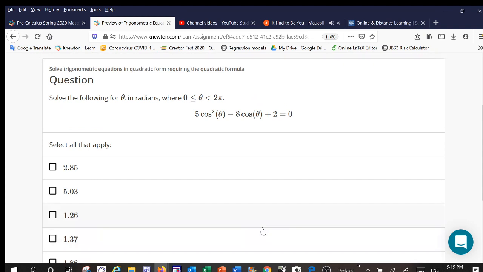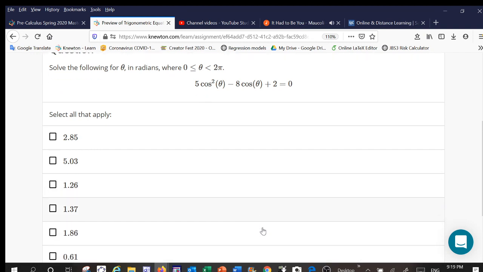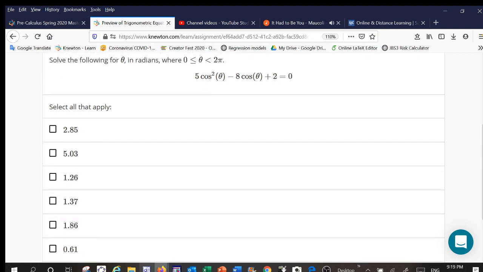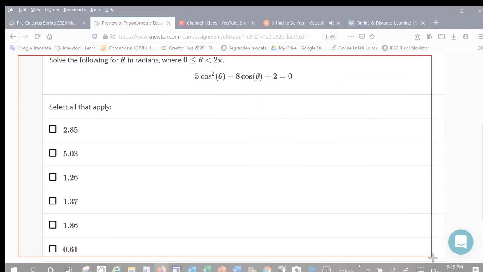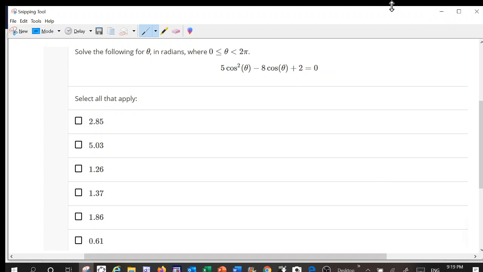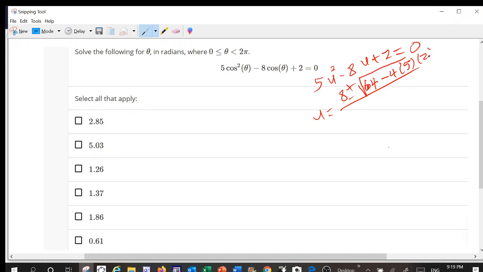Let's do this one now that we're at it. Why not? There you go. So we've got 5u squared minus 8u plus 2 equals 0. So u here is 8 plus and minus the square root of 64 minus 4 times 5 times 2.